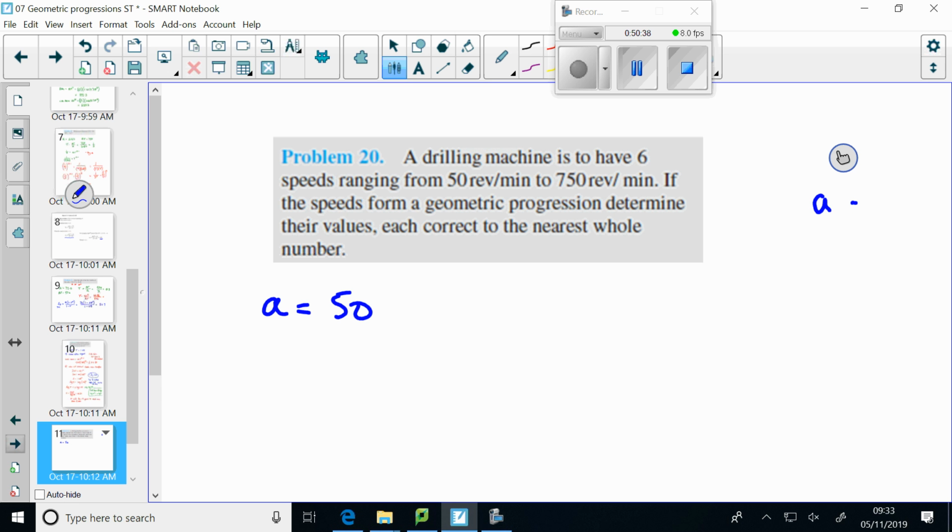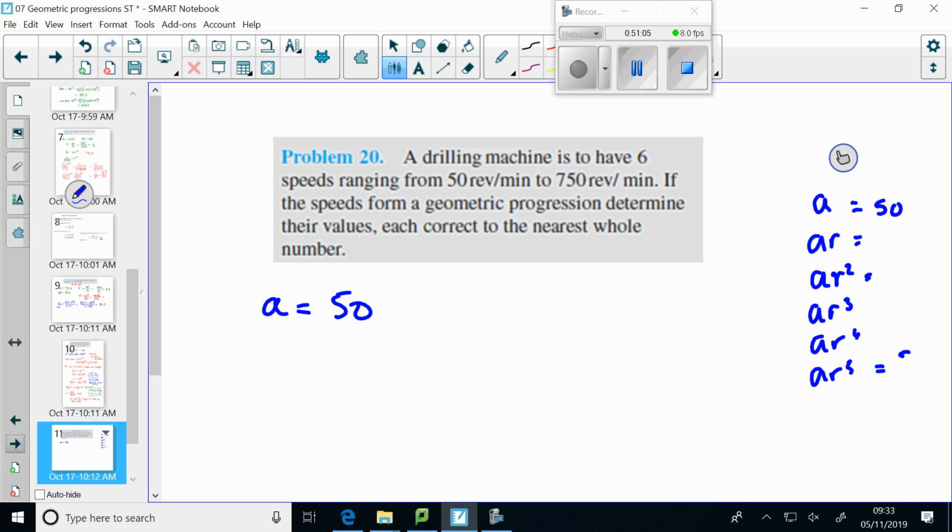The first speed is 50. Second term will be AR. We don't know that. Third speed will be AR squared. We don't know that. AR to the 5 will be the first, second, third, fourth, fifth, sixth speed.